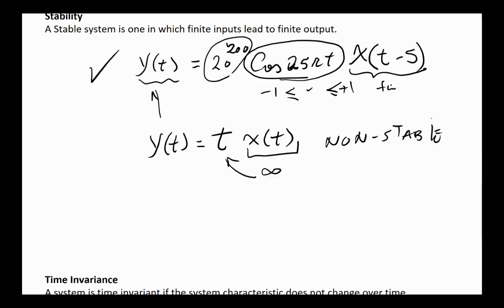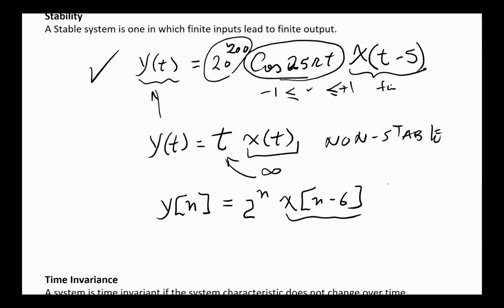Another example could be y of n is equal to 2 to the power of n, x of n minus 6. Well, n could go to infinity, which means the output can go to infinity. So that's, again, non-stable.